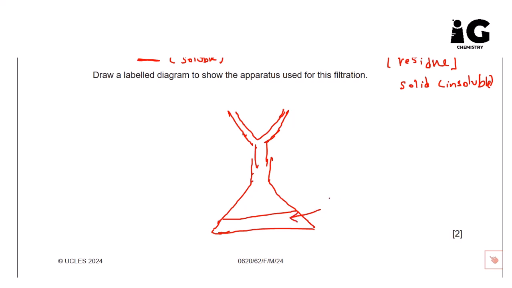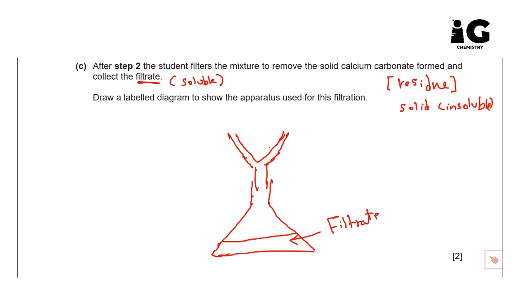Now let's label everything here. This is the filtrate, which is the soluble part. Don't forget to draw the residue, the insoluble part. Take care, this one is called residue, which is solid or insoluble.